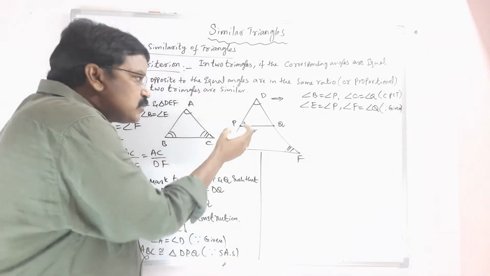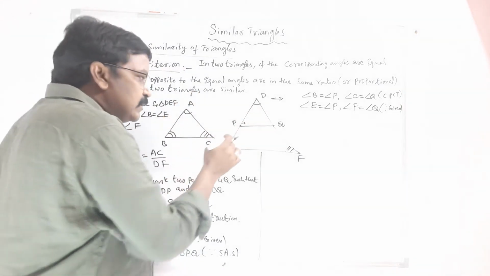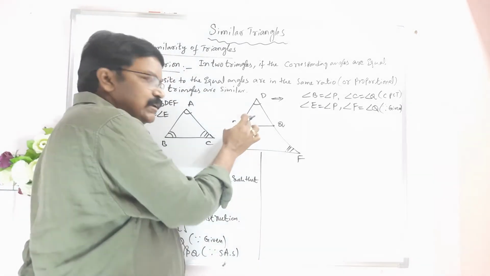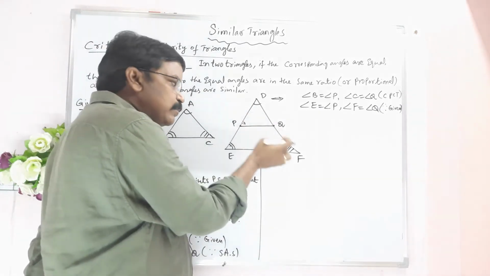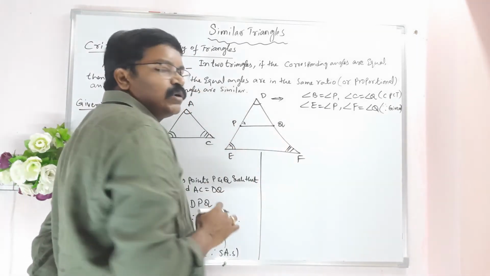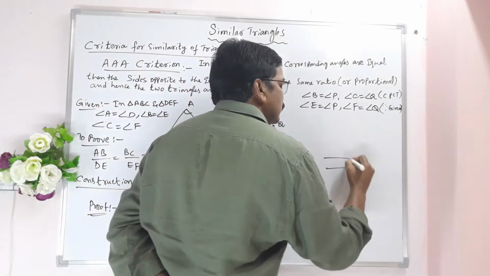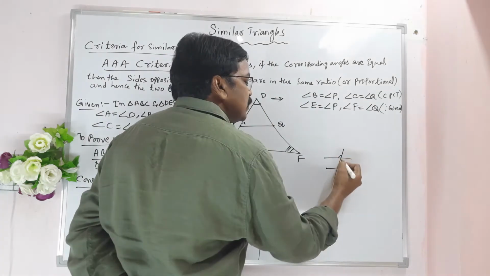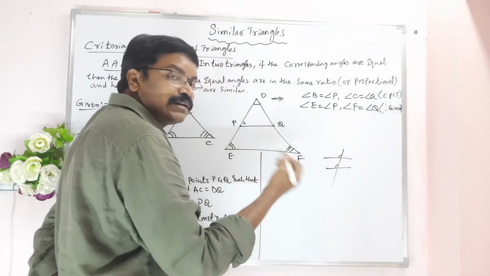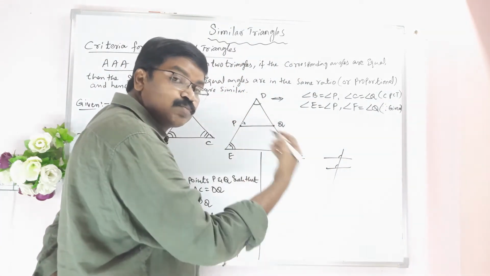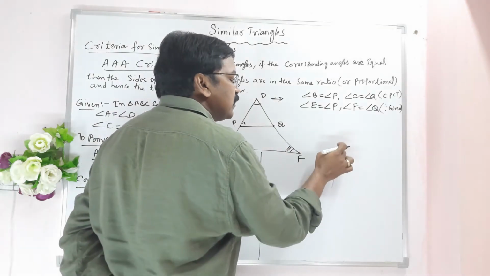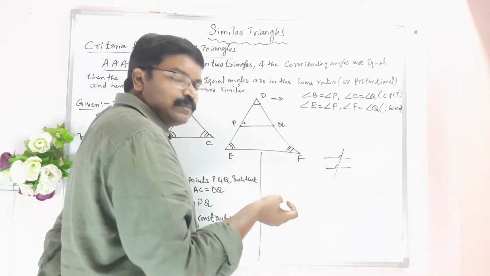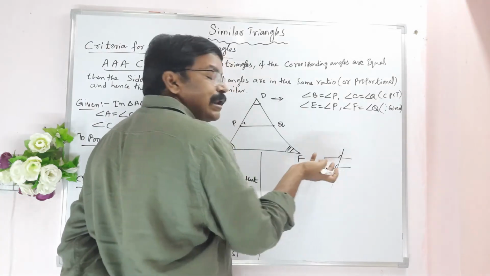So, observe triangle DEF now. Angle E is equal to angle P and angle F is equal to angle Q. We learned in class 9, these two angles are corresponding angles. If corresponding angles are equal, then the two lines are parallel.